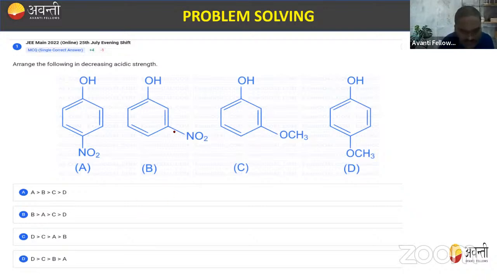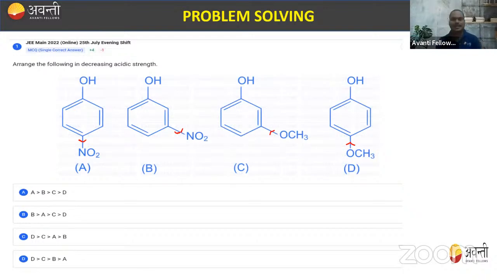So here we know this is the electron withdrawing group. This is also an electron withdrawing group. This is an electron donating group. This is also an electron donating group. Now, we know a very important thing here. What we know, beta?